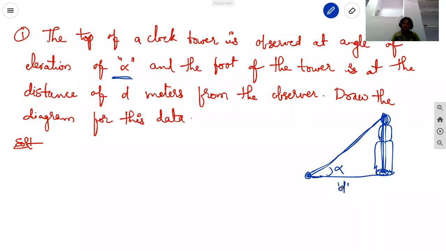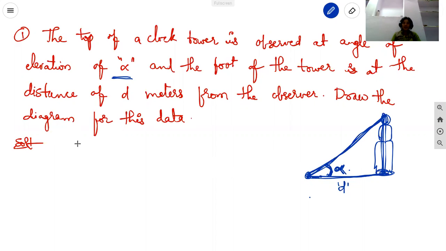That distance is small d, and from that distance we see the top of the tower at the angle of elevation. Here alpha is the angle of elevation. The horizontal line is the line joining our position to the foot of the tower, and the angle alpha between the line of sight and the horizontal line is the angle of elevation. This is the figure.